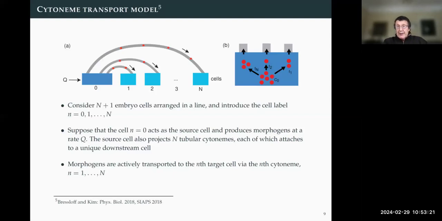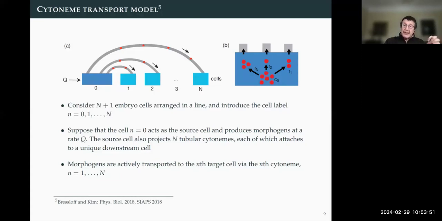The idea is that the cytonemes have contacted target cells, and for simplicity, we'll imagine an array of target cells, and the source cell is producing morphogen at a rate Q, which is then transported to the target cells and received. Already, thinking about the cartoon makes one start asking biological questions, because the minute one has a setup like this, there looks like there could be an additional control mechanism.